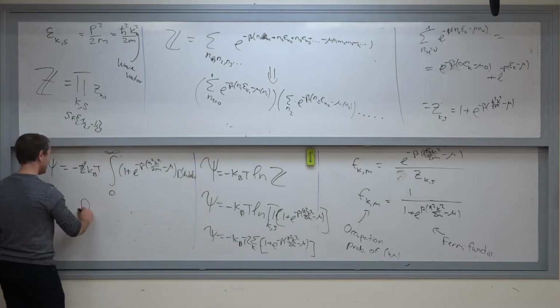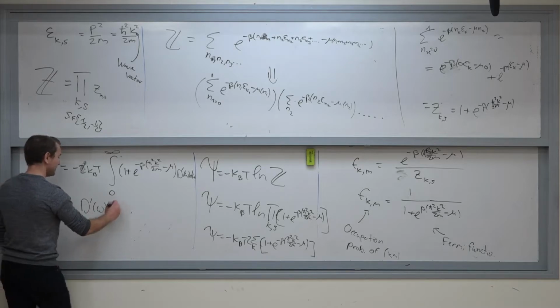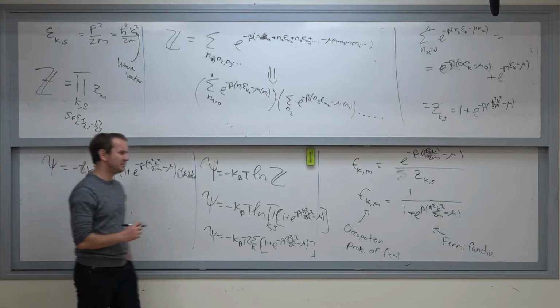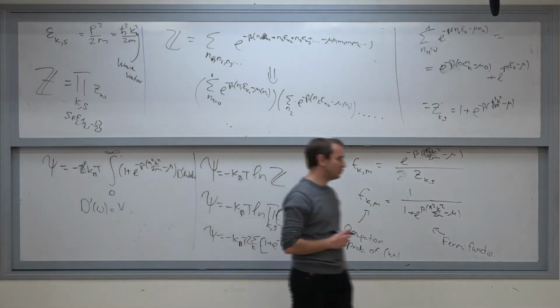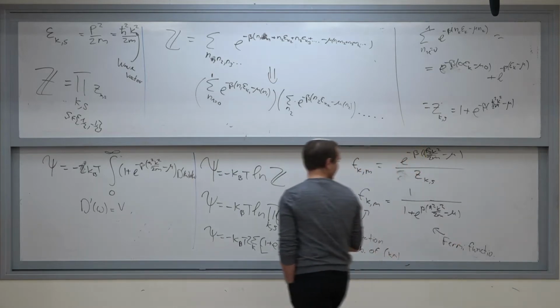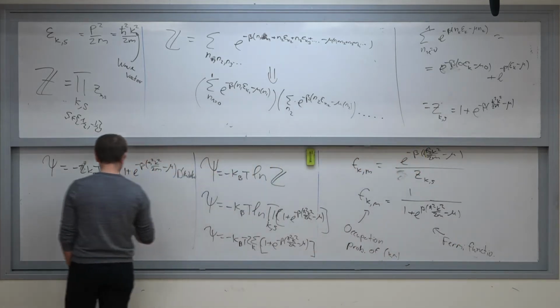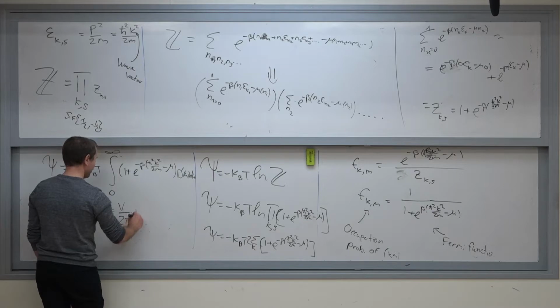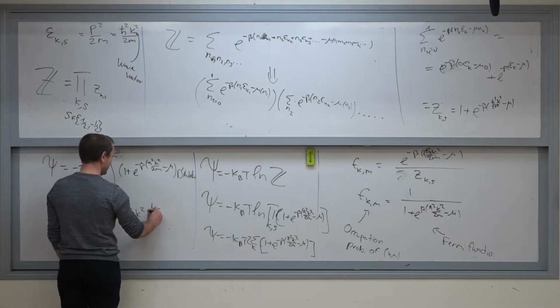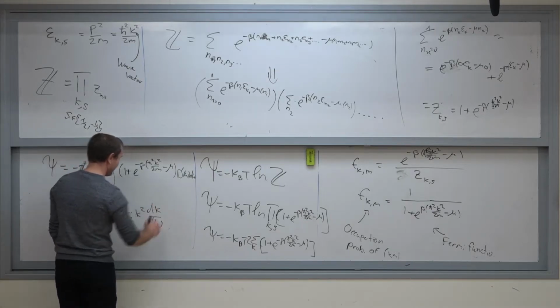You remember that d prime omega is the volume divided by 2 pi squared, k squared dk d omega.